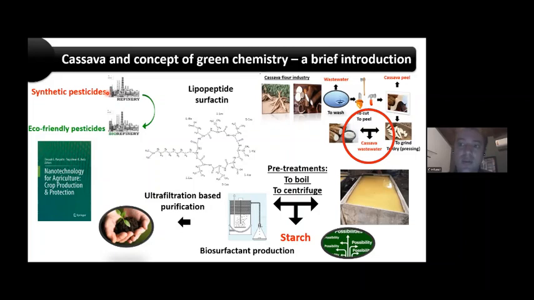Today we have been consuming plenty of pesticides, and we can apply this kind of compound in agriculture and even partially change the pesticide for eco-friendly pesticides such as surfactin. Surfactin is one of the biosurfactants, and it is composed of 7 amino acids and 1 fatty acid.